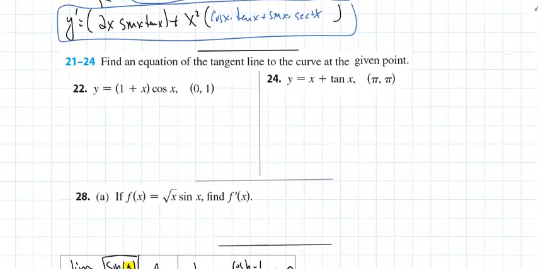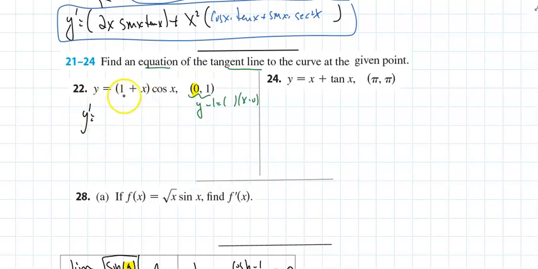The next step problem, well, these are never going to go away. Find an equation of a tangent line, you're going to do that all throughout, and look at that. They gave me an x and a y minus y1 equal m into x minus x1. They want me to find it at x equals 0. Well, what's y prime? The product rule.